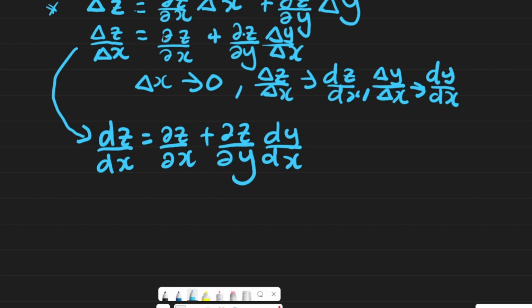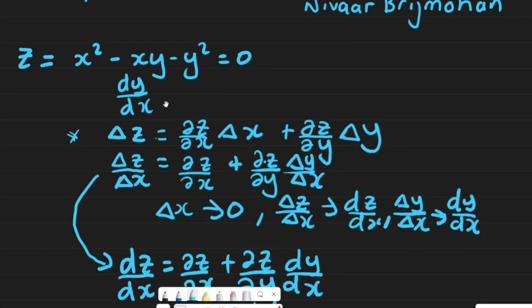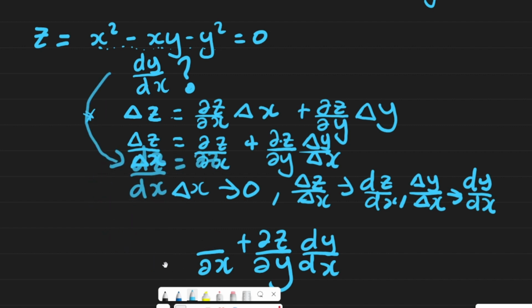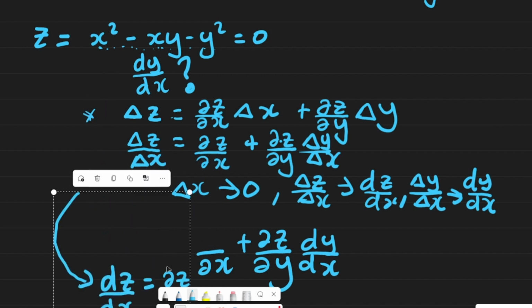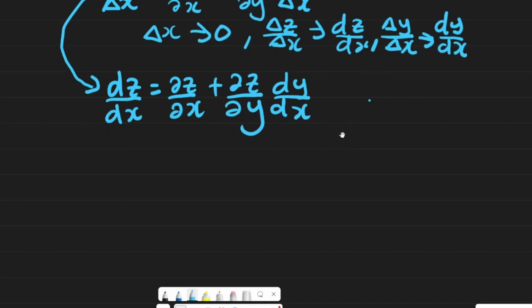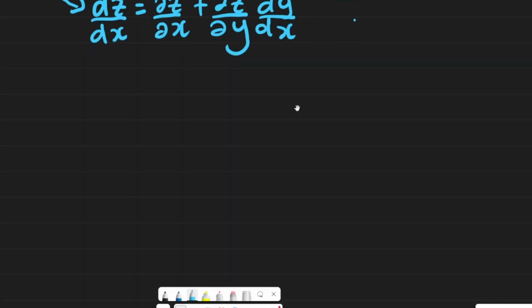And what are we solving for? What do we want? Well, going back to the problem as we have stated it, we have an implicit function, and we want to find dy dx. So are we in a position to do this now? We have an equation that does contain dy dx. And here it is. So we just express this in terms of dy dx.